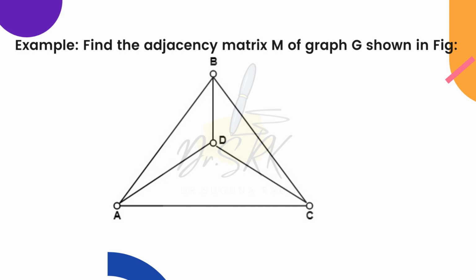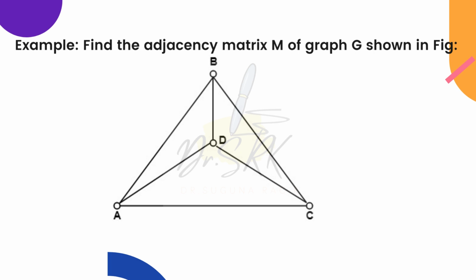First of all, is it a directed graph or an undirected graph? Clearly, this is an undirected graph. Why? Because on every edge of this graph, there is no arrow mark. That's why this is an undirected graph.